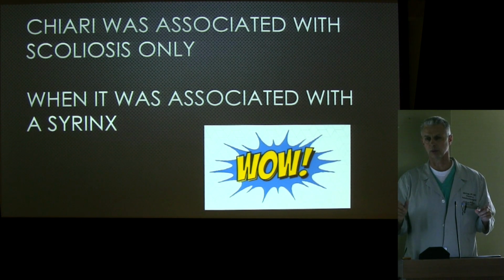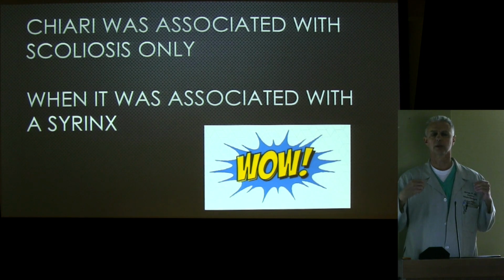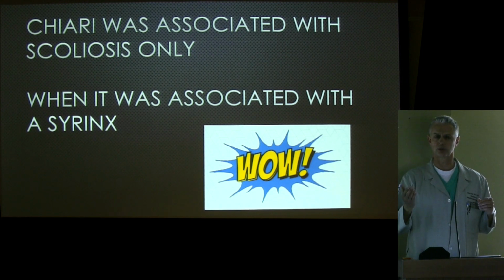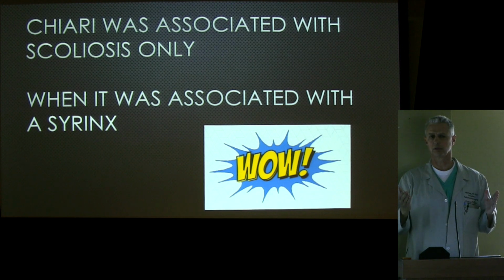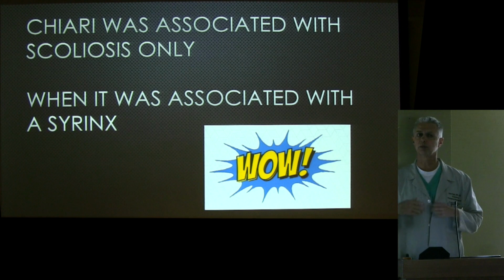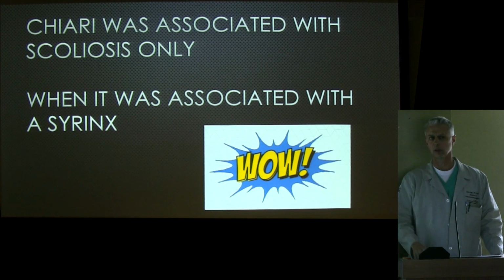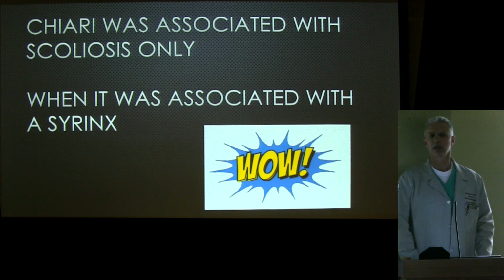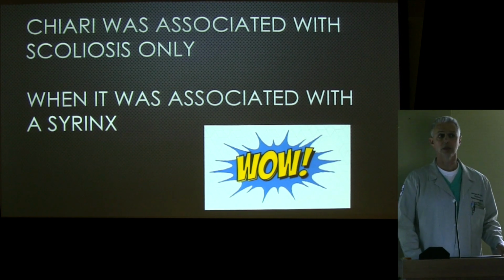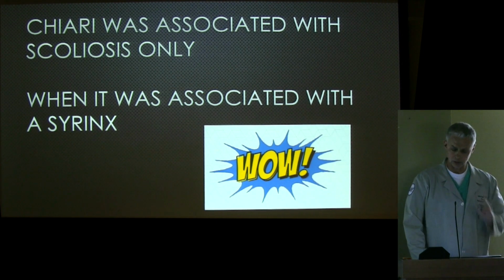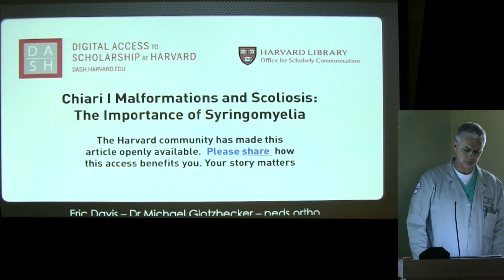That's very important, because there's a lot of neurosurgeons out there who are operating for scoliosis correction just because you have a Chiari. And I'm going to talk more about that. It's probably something that we should reconsider based on the recent data. If you have a Syrinx and scoliosis, then it makes good sense in many cases, but we'll get into that.